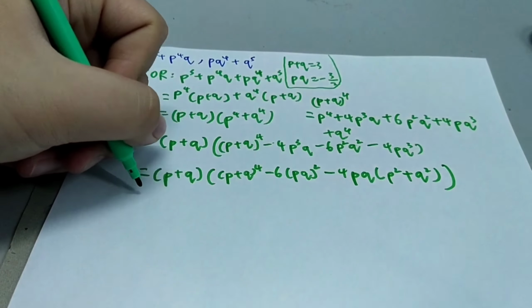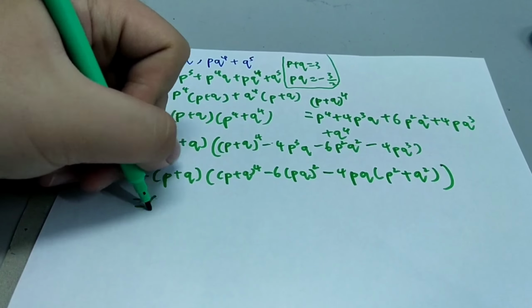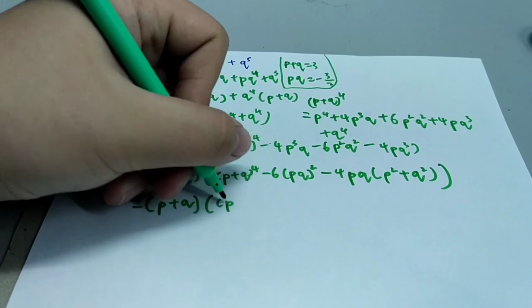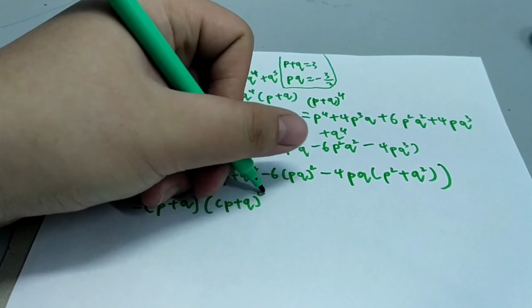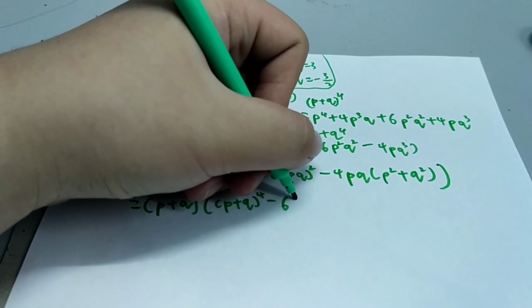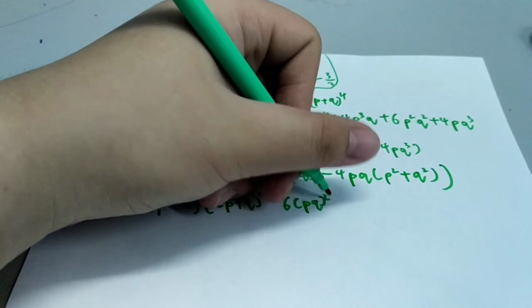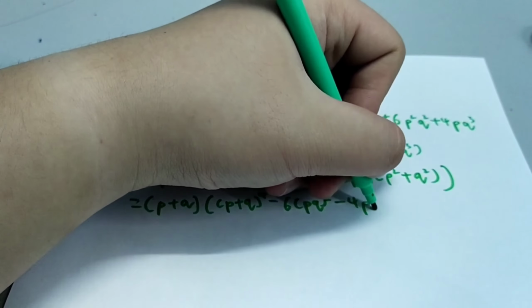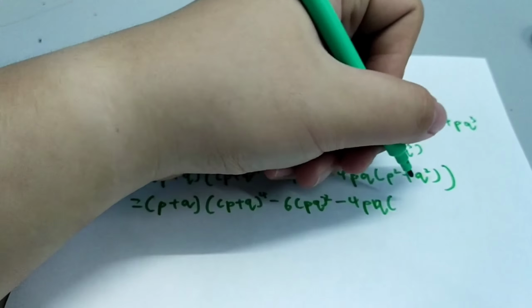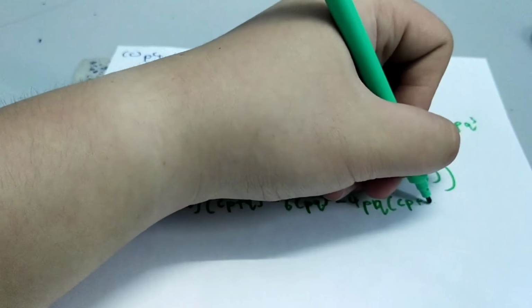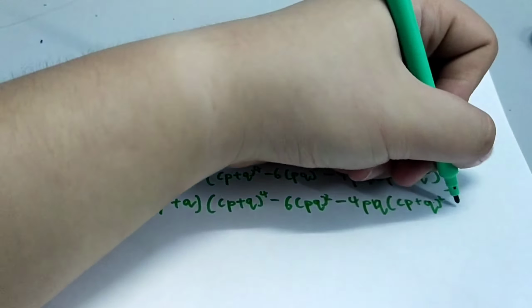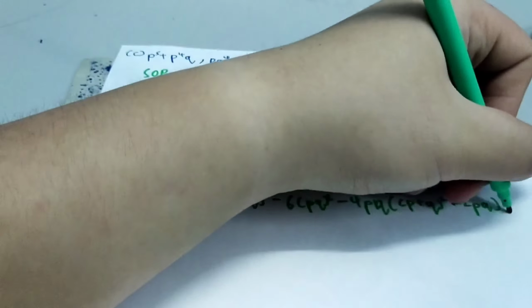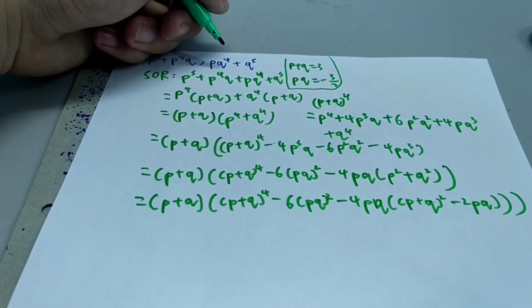So we are going to rewrite it again. So p plus q times p plus q bracket power 4 minus 6 times pq squared minus 4 times pq times p plus q bracket squared minus 2pq, and then we are technically done. I think so.